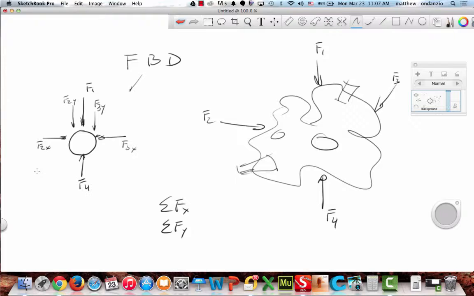And then I'm going to sum all the F's in the X. What are the forces in the X? F3X, okay. I can't seem to write today. What are the forces in the Y?